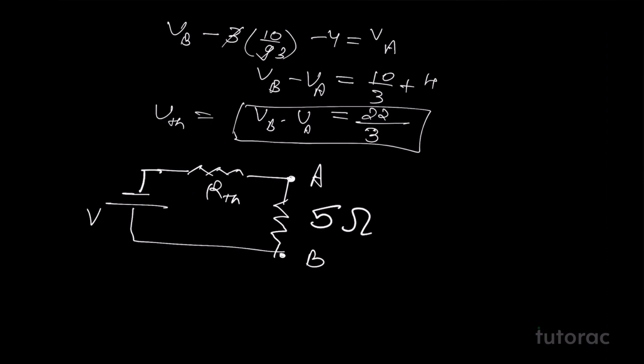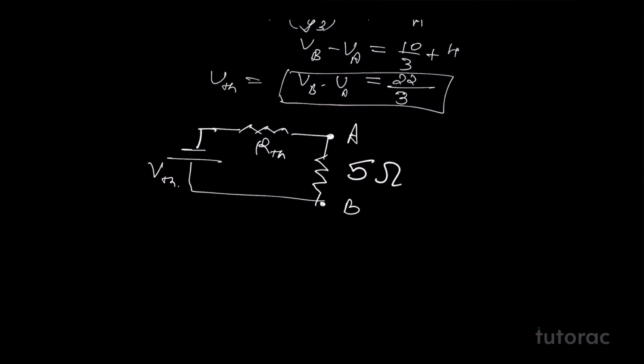This is my VTH. Now, in order to calculate the current in this 5 ohm resistance, or the potential across it, it's very easy for us. We can easily solve it. We just have to apply the KVL here. So if in any direction I apply the KVL, what should I write? I should write VTH, that is a drop of minus 22 by 3. Then the current is flowing, let's say, in this direction only.